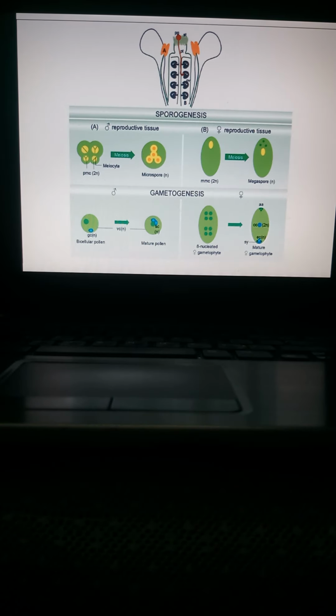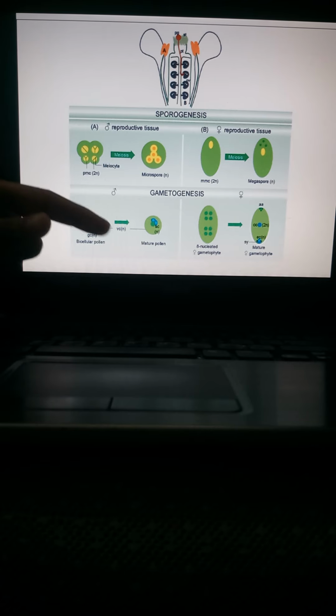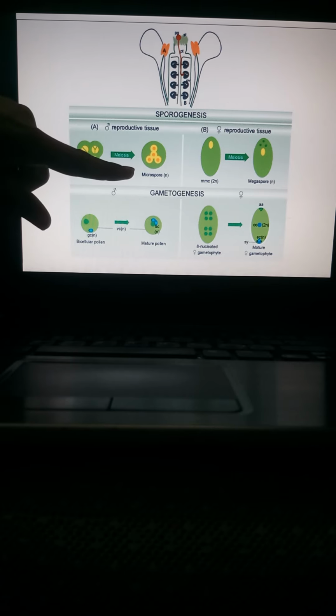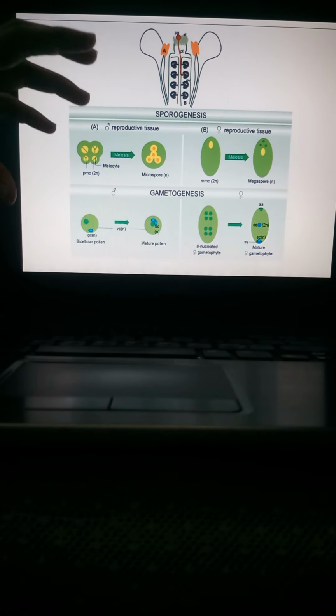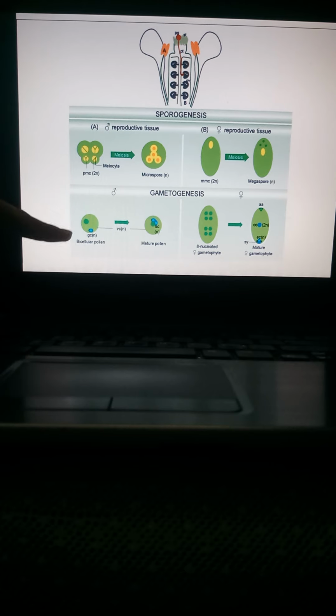However, it is not the spore which is participating in the fusion or in the fertilization, it is the gamete. So this microspore will further develop into the gametes. This is the microspore.